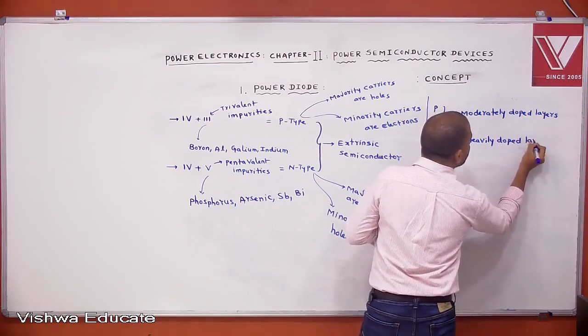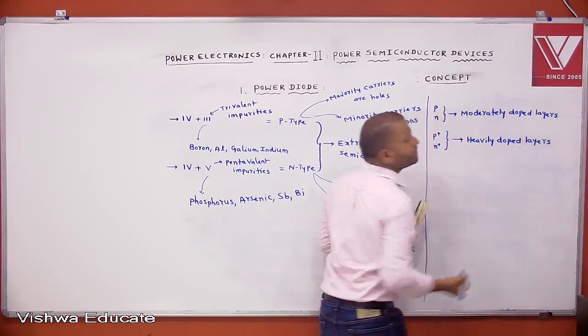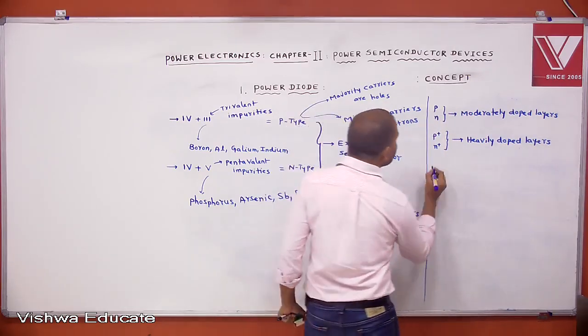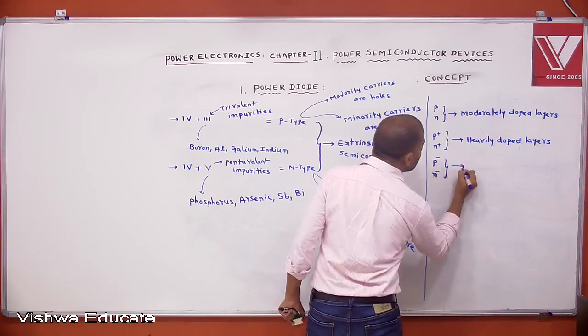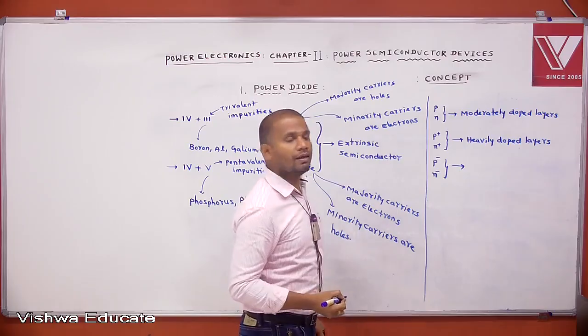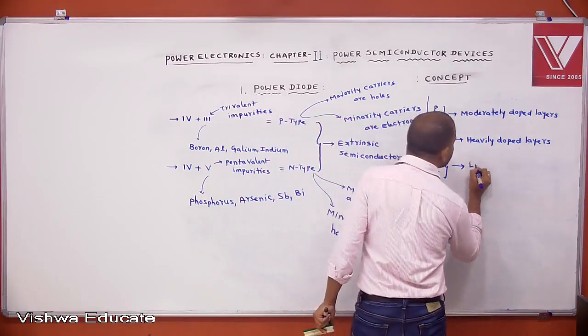If it is represented like this, p minus and n minus, then these are called lightly doped layers.